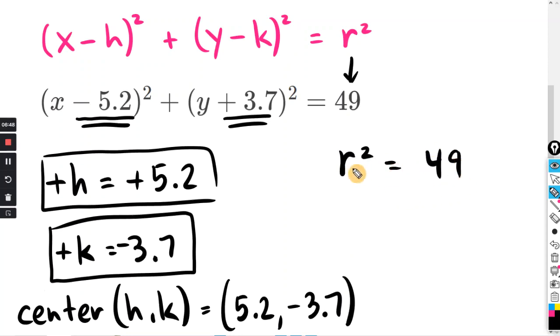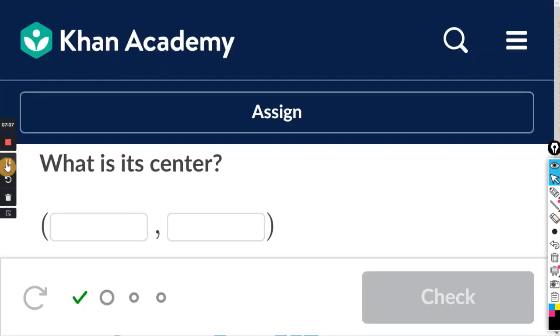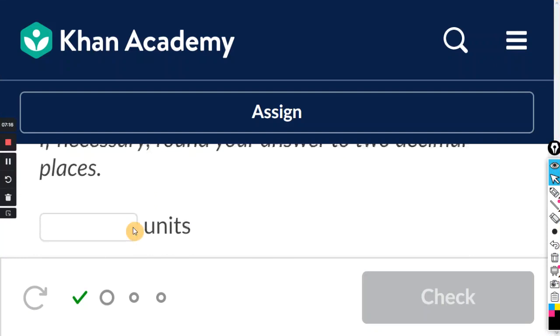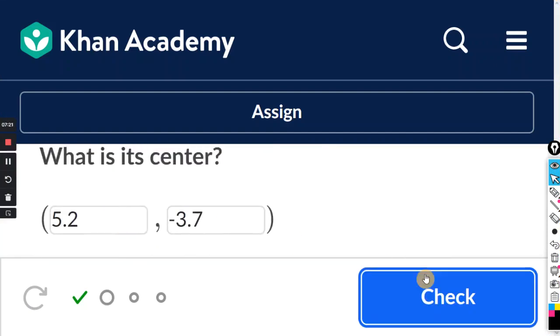Solving for r, you just take the square root of both sides. And r equals 7. Not negative 7 because a radius cannot be negative. So those are the two answers, center and radius. All right, so we said 5.2, click tab, negative 3.7. And the radius was 7. It was not necessary to round. We got the radius and the center.